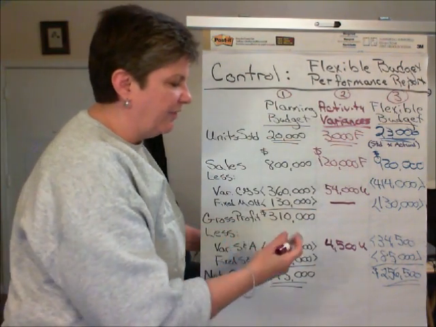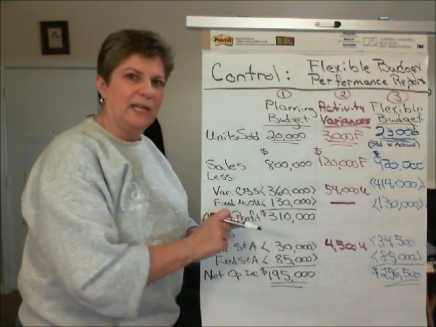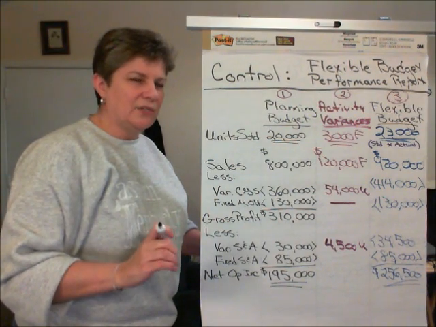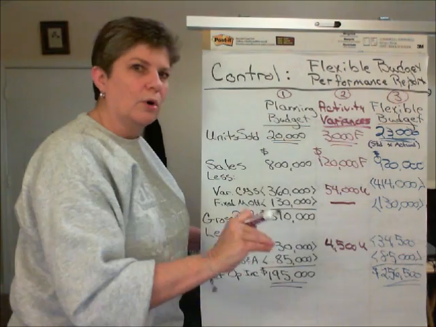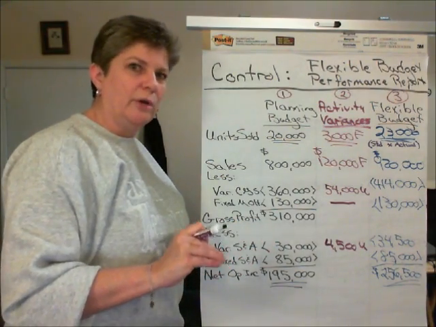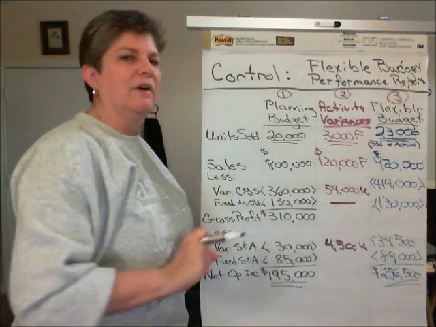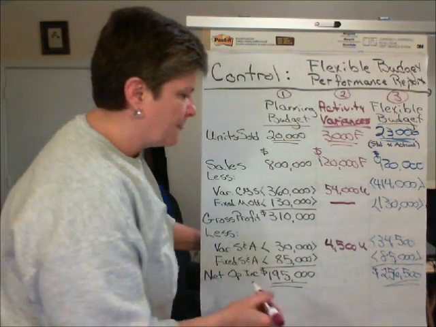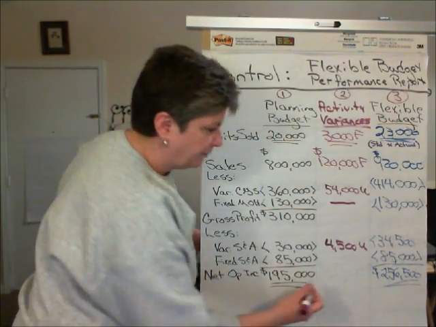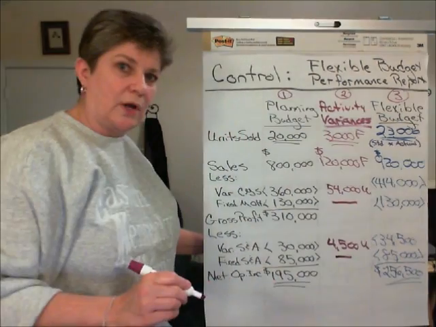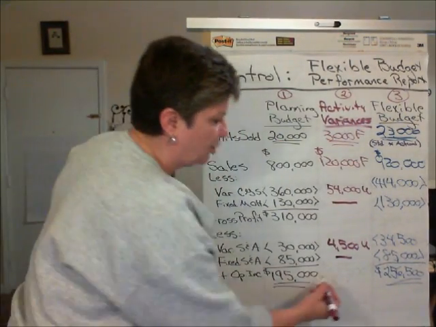And it's unfavorable relative to the planning budget, but not necessarily a bad thing because we should have incurred more selling and administrative variable costs to achieve a higher level of sales. So overall, again, the fixed, no difference because total fixed costs should not change as activity changed.